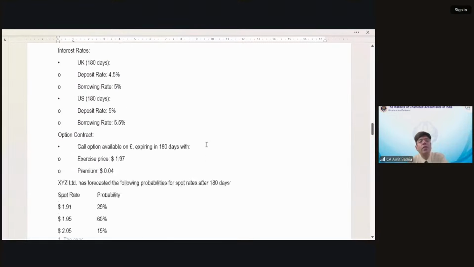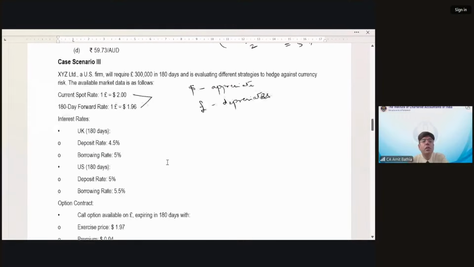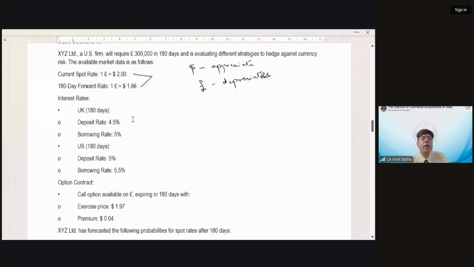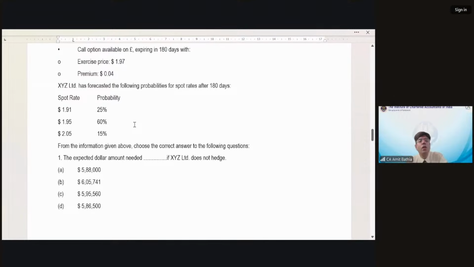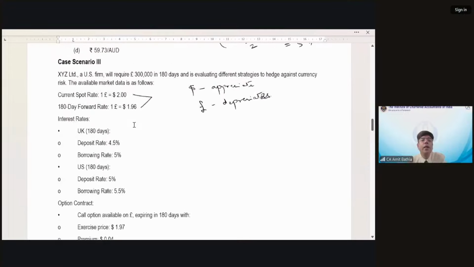So what is being told to us? If you do not hedge, meaning you do not take any cover, in that case, you will essentially have to pay whatever is the prevailing rate at the time, right? So how much dollar amount will be needed, because your obligation is 300,000 pounds.